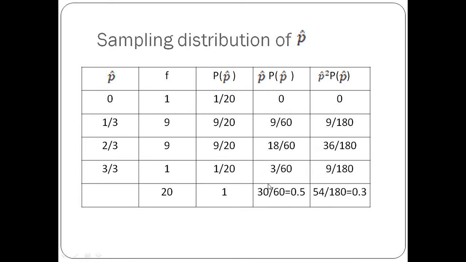When we add them all, the answer is 0.5. Again, for p cap square into p of p cap, we take the square of p cap and then multiply with the probability of p cap. So 0 square will be 0. Then we take the square of this and multiply with this, so it is 9 by 180, and so on, and the final sum is 0.3.